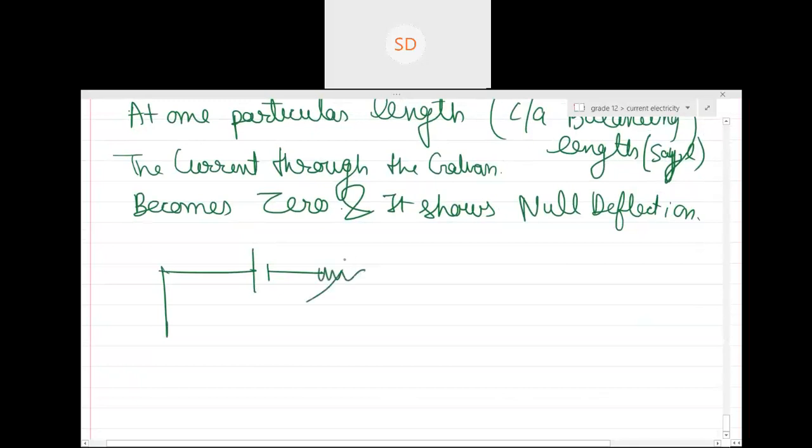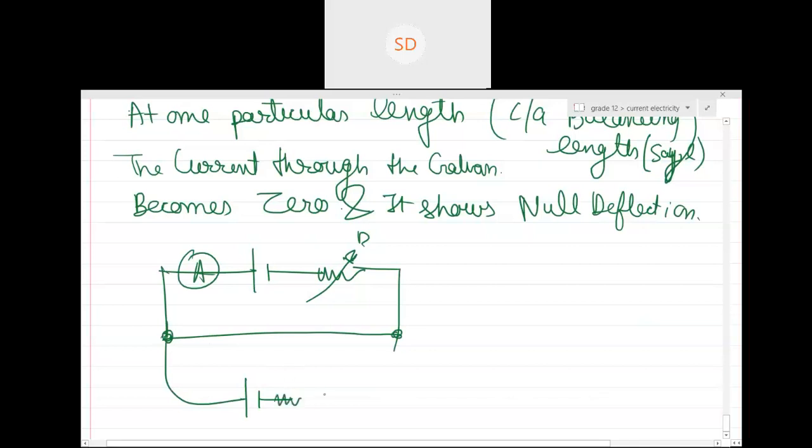So at one particular length L, the galvanometer has reading 0.